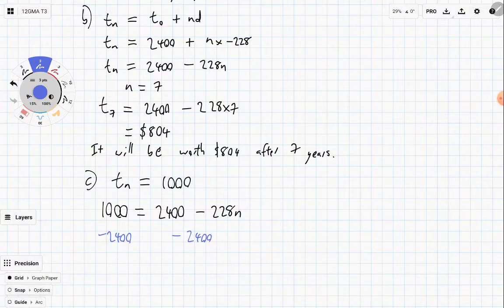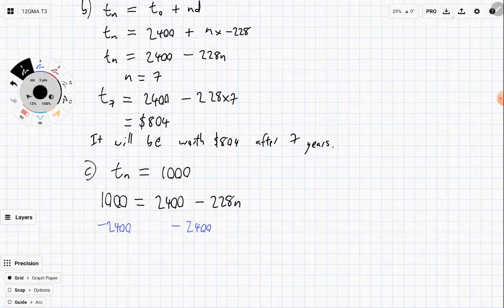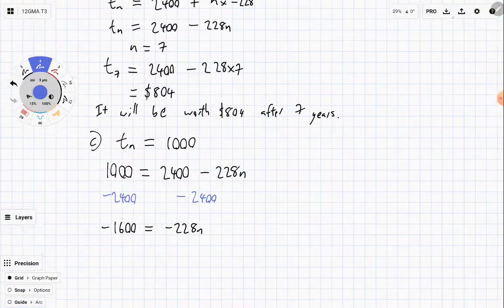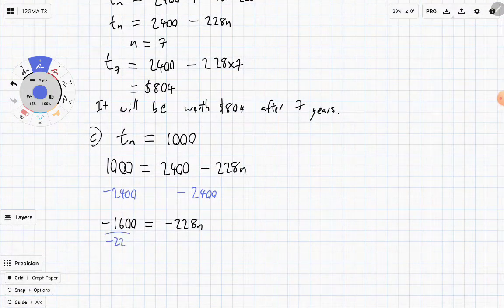And then we'll be left with negative 1,600 is equal to negative 228N, and divide both sides by negative 228.